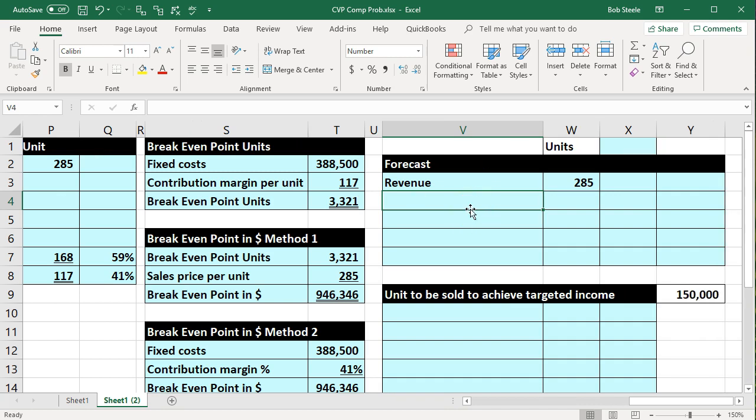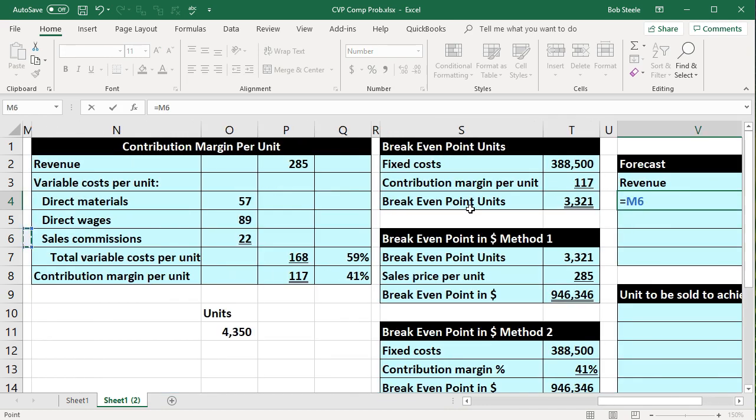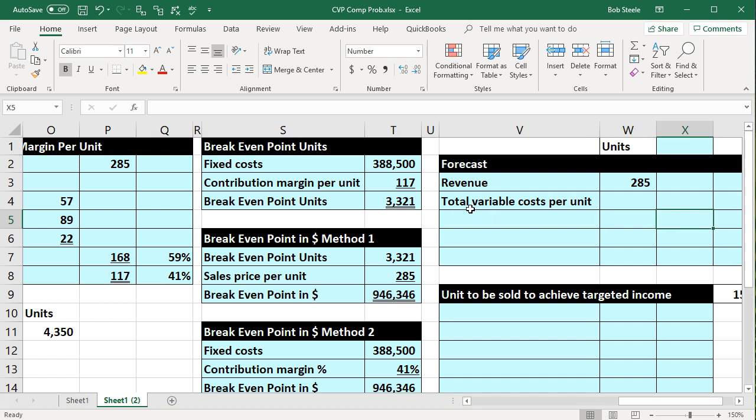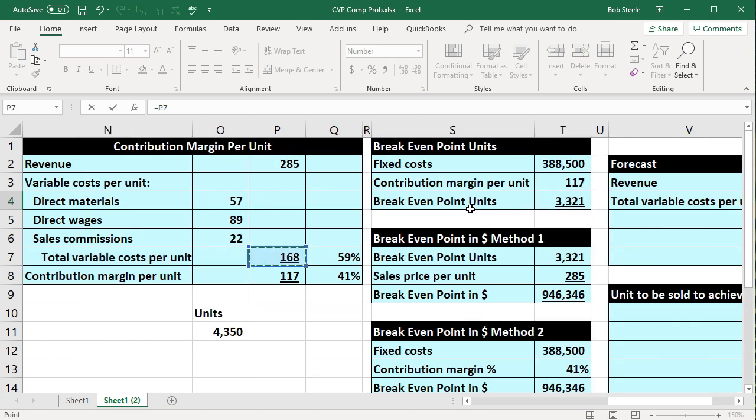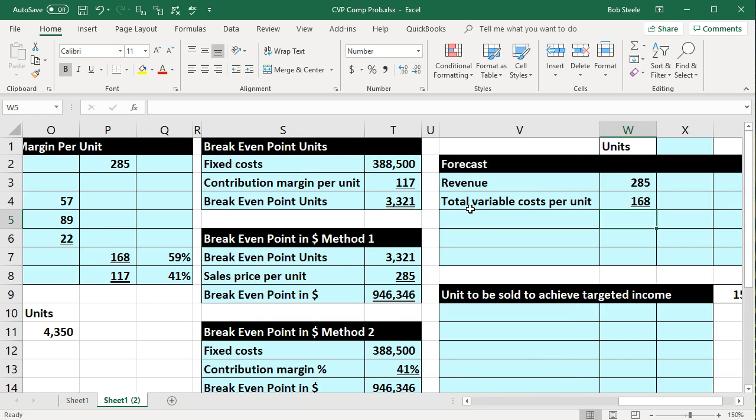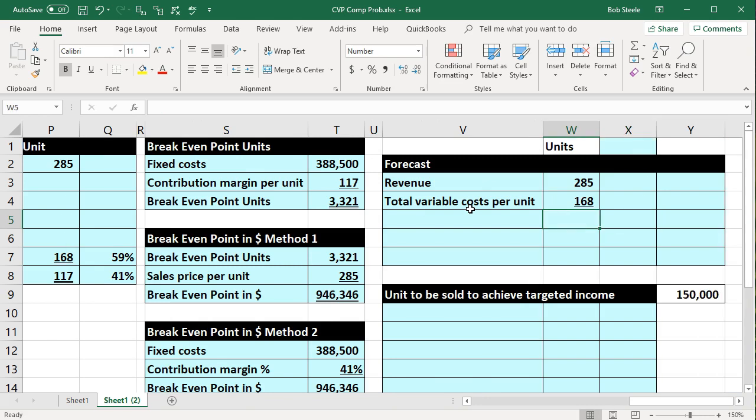Then we'll have variable costs per unit. So I'm going to say that this equals, and I'm going to go over to the variable costs. So we've got total variable costs per unit, and that's going to be our second item, and the number will be pulled over as well, this 168 variable cost per unit.